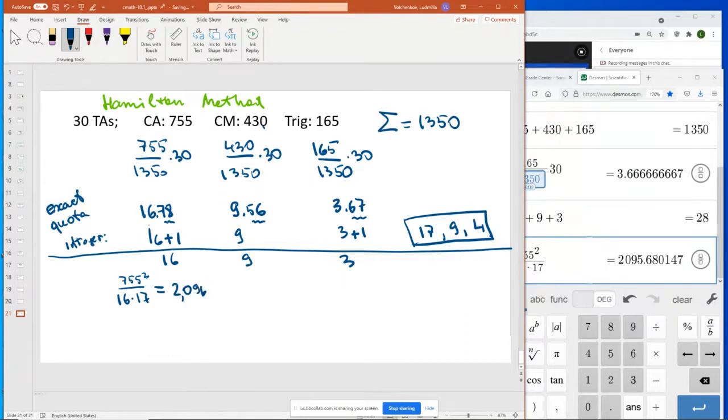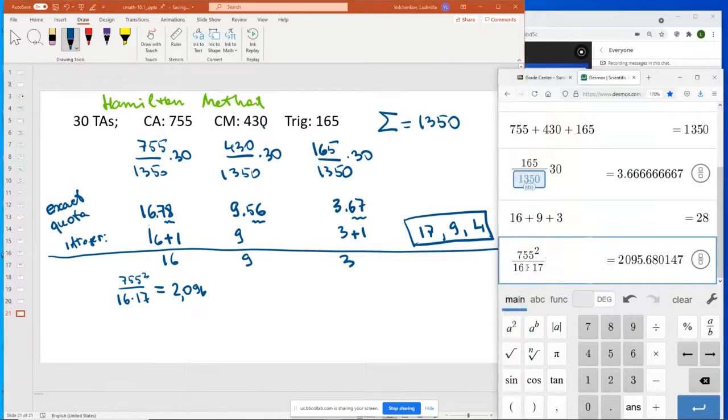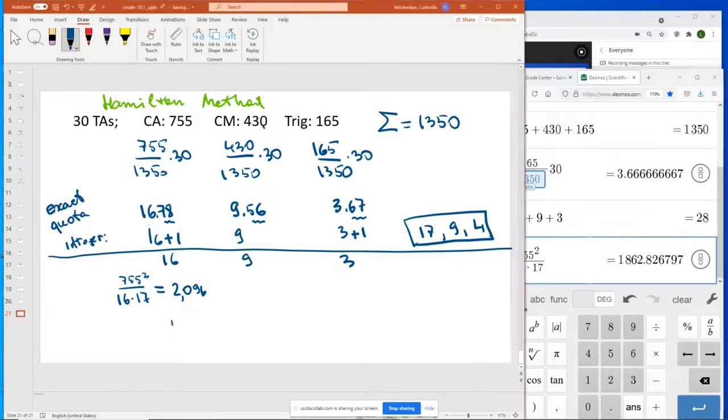2096. And the next number will be 17 times 18. So the next number in the table will be 1863.